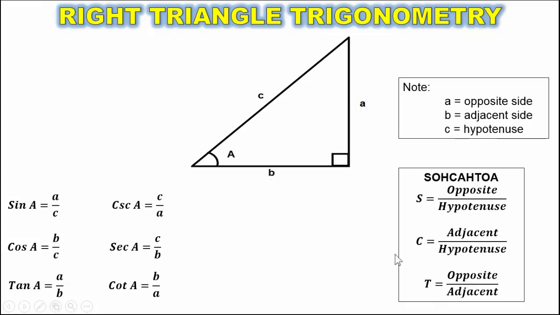Even though the cosecant, secant, and cotangent are not written out in this SOHCAHTOA, we can determine them by simply inversing or getting the reciprocal of the ratio.